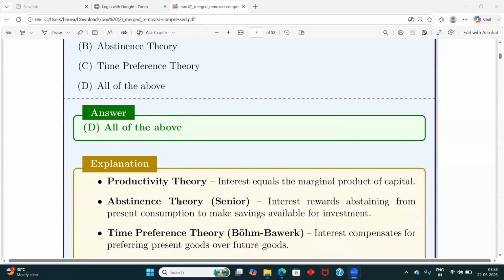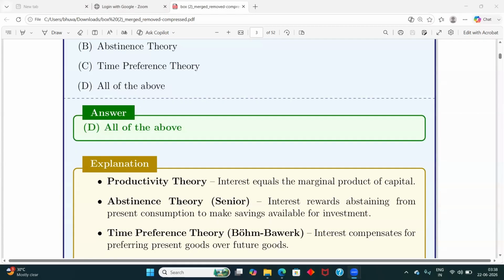Productivity theory says interest equals the marginal product of capital. Abstinence theory talks about interest as the reward for abstaining from present consumption to make saving available for investment. This theory is given by Senior.